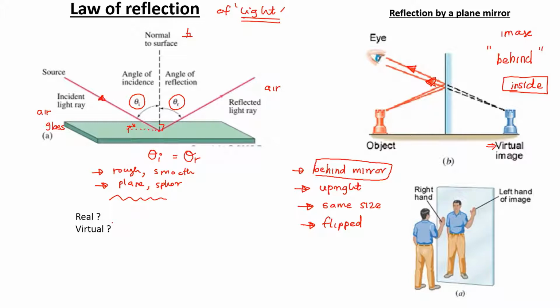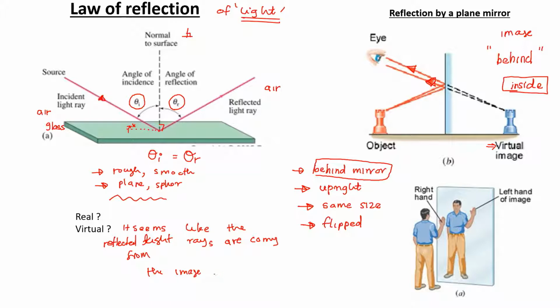So virtual is when it seems like the reflected light rays are coming from the object, are coming from the image.